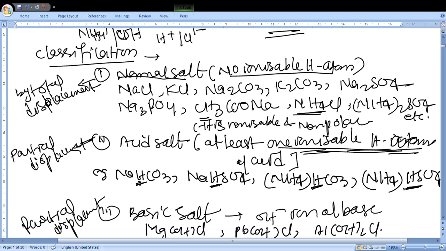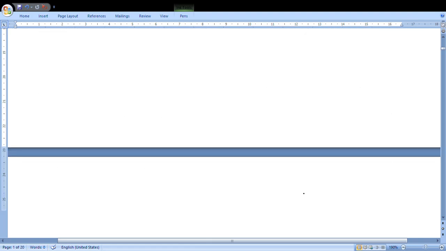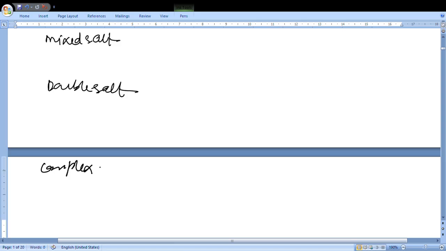So these are the salts which you have to study very well, and they may be asked in the board examination, isn't it? But for our knowledge, we will go through mixed salt, double salt, as well as complex salt.